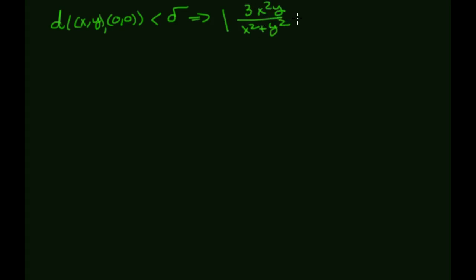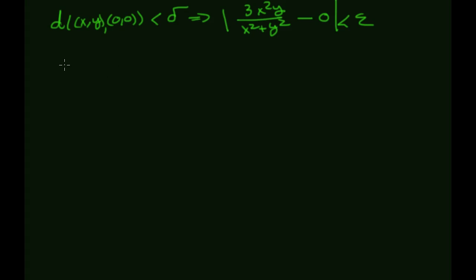Okay, so this means that I want the distance from (x, y) to the origin, right? If that distance is less than delta, then I want this to mean that 3x squared y over x squared plus y squared minus 0, because L would have to be 0, to be less than epsilon.